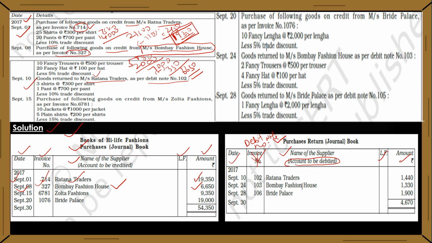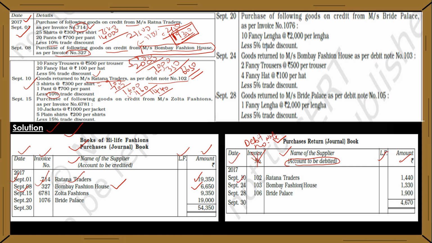So see here, 3 shirts at 300 per unit is 900 and 1 pant at 700 per unit is 700. Total is 1600 less 10% trade discount. 10% on 1600 is 160. So the net amount to be taken to the purchases return journal book is 1440.